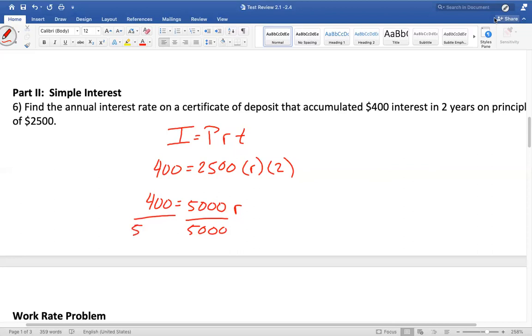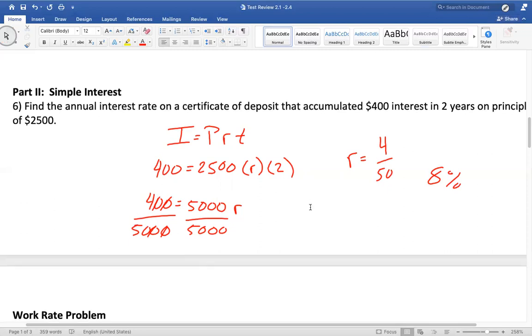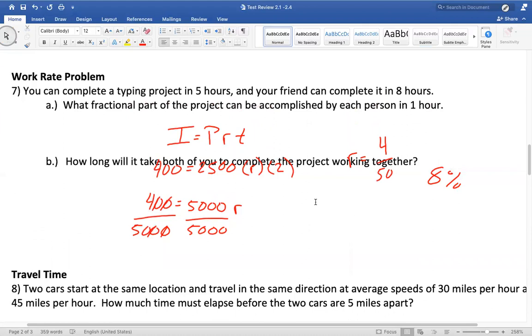And if you were listening, you would have heard me say just a second ago that it would have been 4 over 50. If you look at this, there's your 4 over 50. And again, you would get 8%. All right, so a couple different ways you could do that problem. I just showed you 2. Those are the main ways.